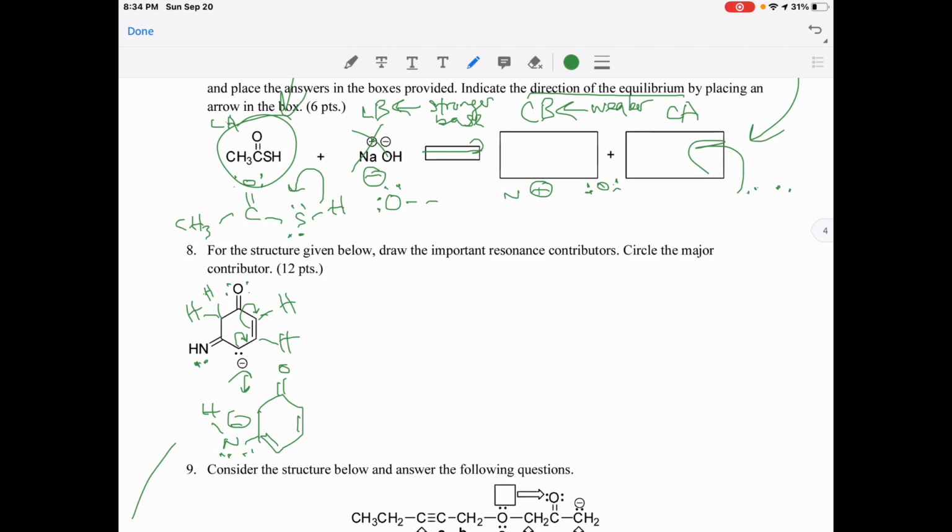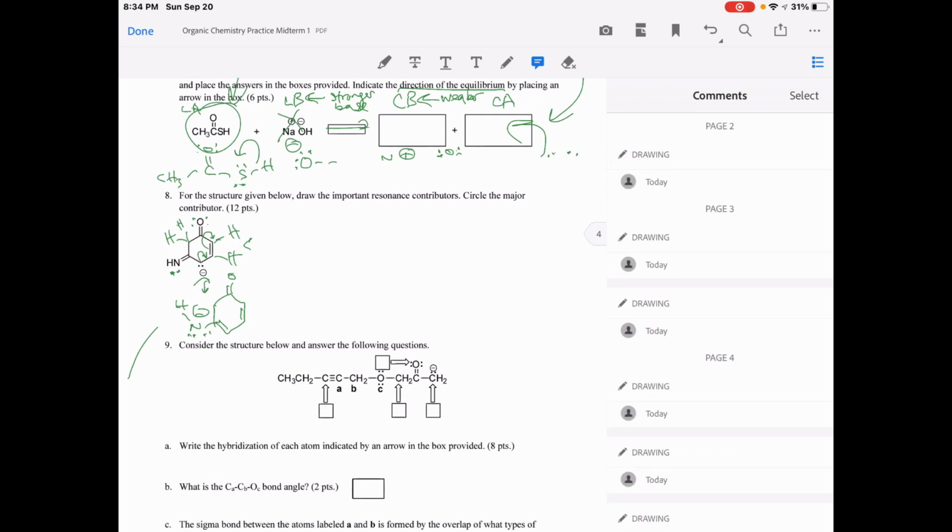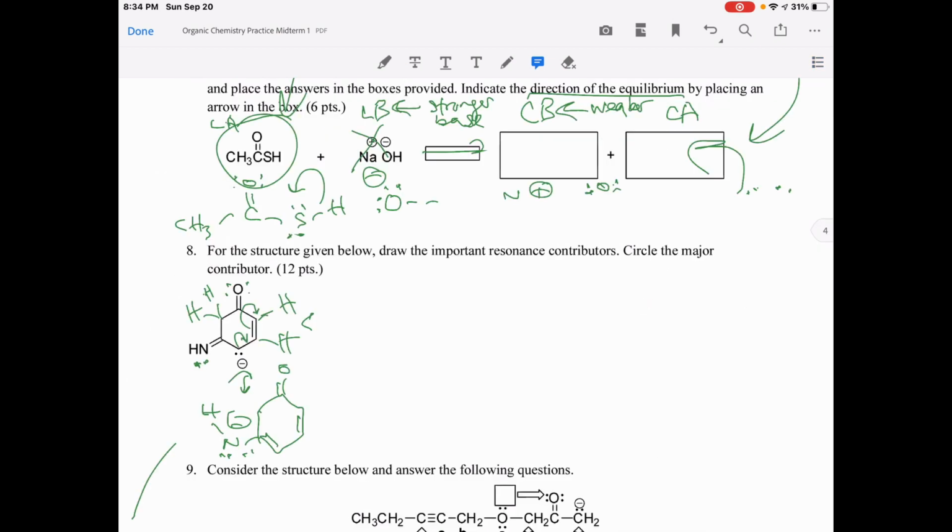Let's move this double bond to that adjacent carbon. And when we do that, let me redraw that. We get this structure.